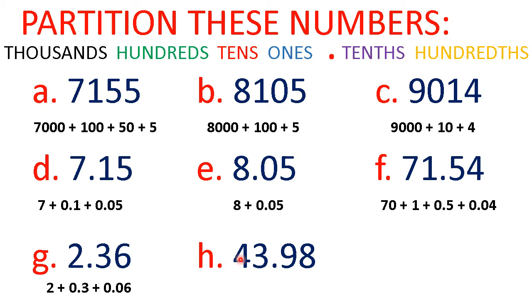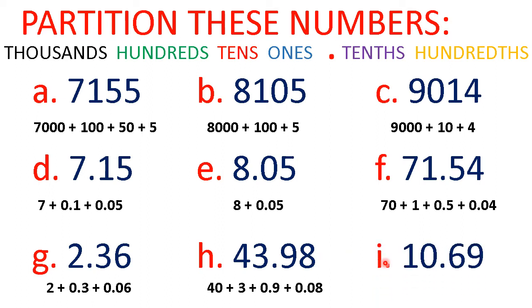H, 43.98, is 40 plus 3 plus 0.9 plus 0.08. And I, here there's another placeholder in the ones, and we have 10 plus 0.6 plus 0.09. I hope that wasn't too difficult for you.